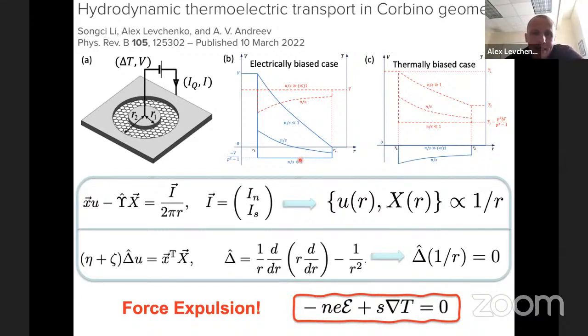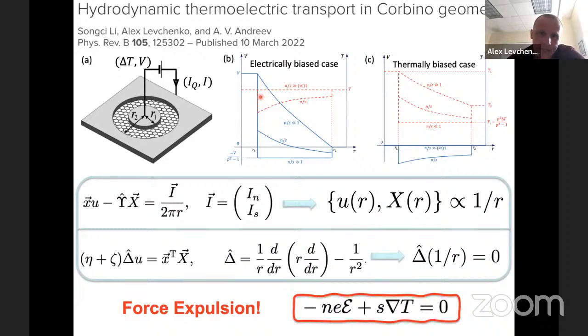They are reminiscent of Kapitsa boundary effects, but they are completely different, in fact, because in the Kapitsa boundary resistance, which occurs in systems with highly mismatched thermoacoustic impedances, here the amount of jump is determined by the viscous property of the fluid in the bulk of the Corbino device.